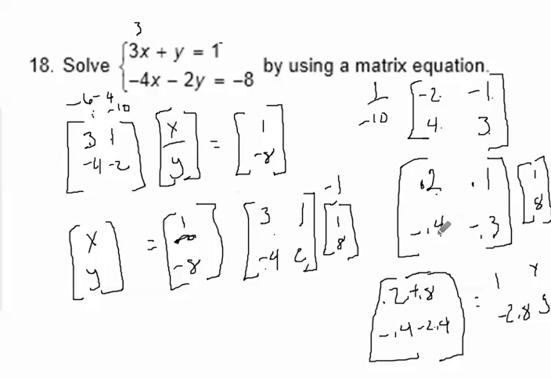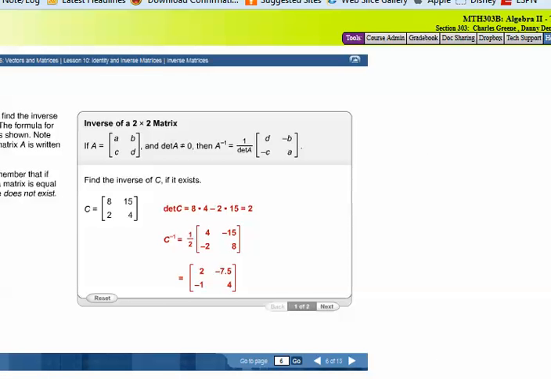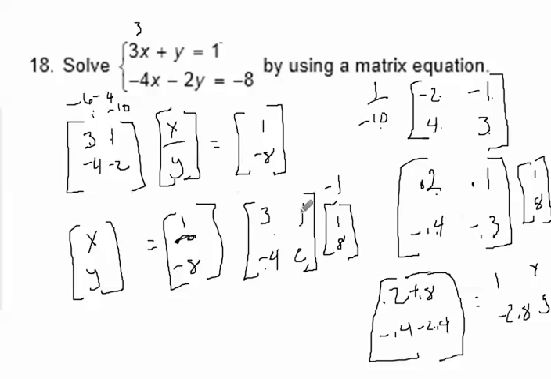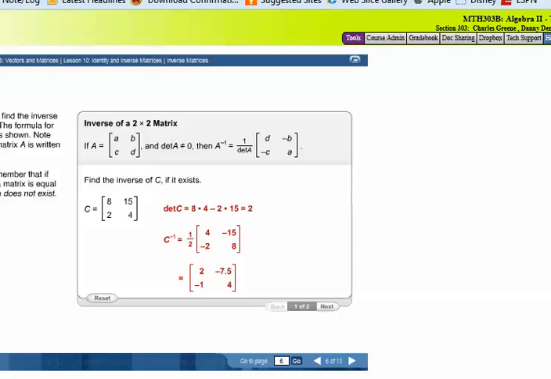What did I not do right? That's a 0.4, negative 0.4. Should that have been a positive? Oh, let's see here. It was a negative 4. Should it have been a positive in that location? Yes, it's the negative C and a positive D. So this one should have been negative, and this one up here should have been positive, right? Yes.